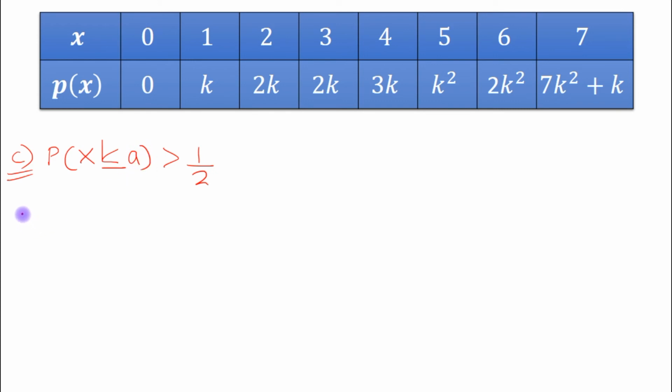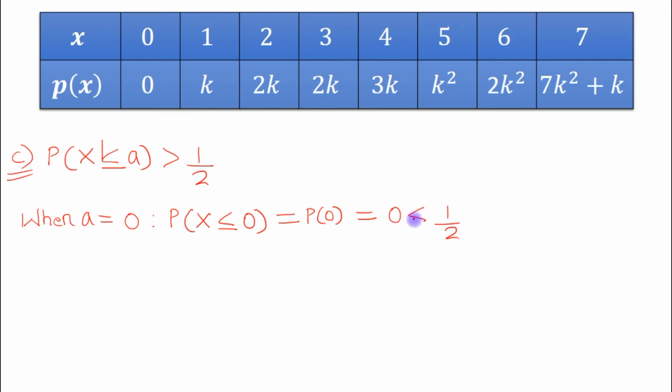So let's suppose when a equals 0, in that case we will write p(x) less than or equal to 0, which will be equal to p0, and that is 0. But it is less than half, so it will not satisfy this equation, right?